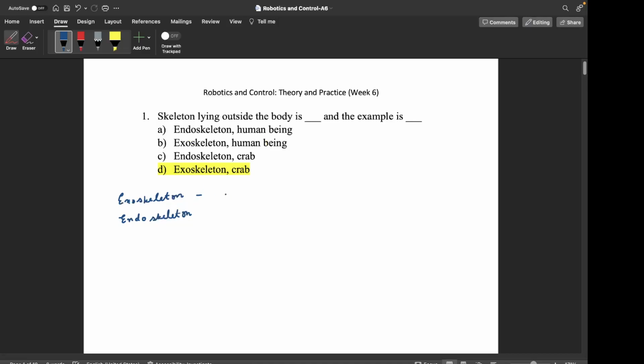So the crab has a shell, that is an exoskeleton, and turtles or tortoises have the shell outside them, so that's the exoskeleton. Endoskeleton, like all vertebrates that we have inside our bodies, that's the endoskeleton.